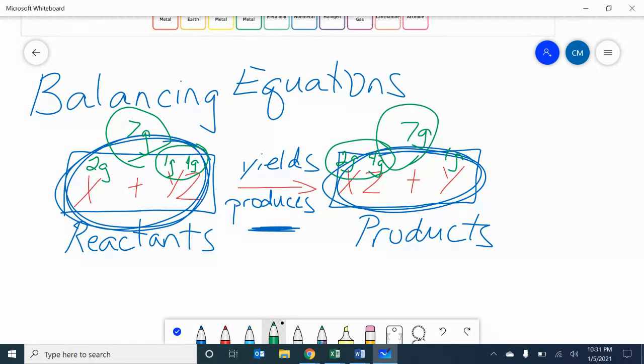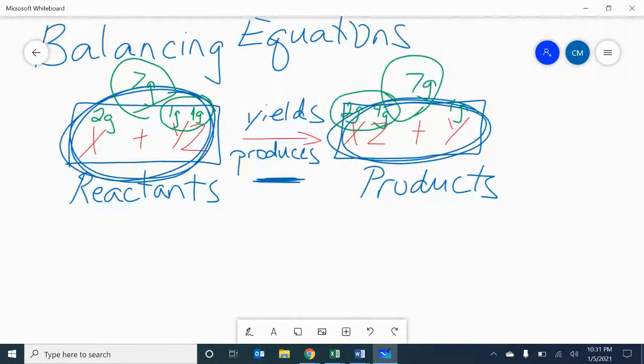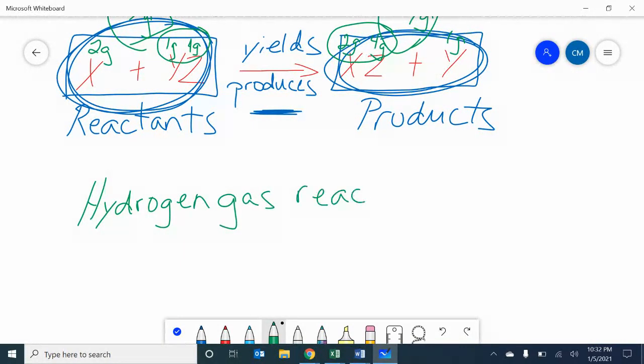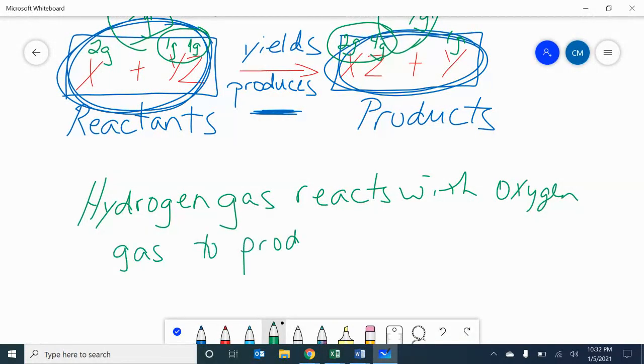Now, a couple things we need to know ahead of time. I don't know that I will give you very many word equations. And when I say word equations, I mean something like this: hydrogen gas reacts with oxygen gas to produce liquid water.